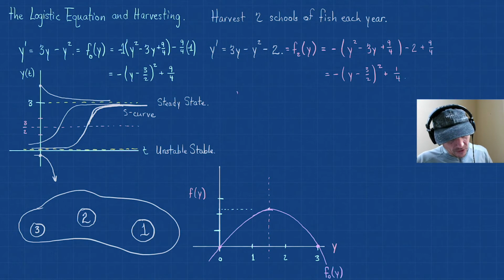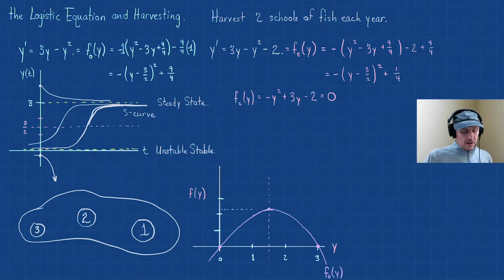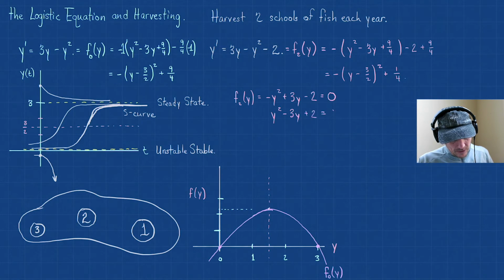When is f2 of y equal to 0? Let me write it out: minus y squared plus 3y minus 2 equals 0. Where are the zeros in this picture? I'm going to multiply by negative one to solve this. So y squared minus 3y plus 2 is still 0.